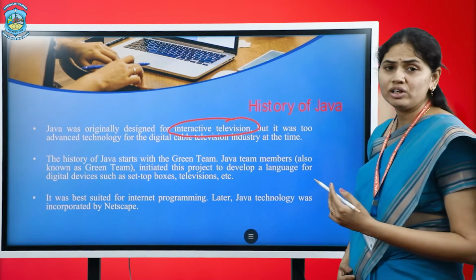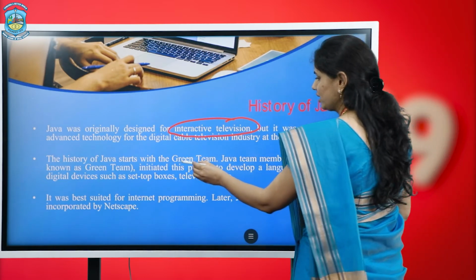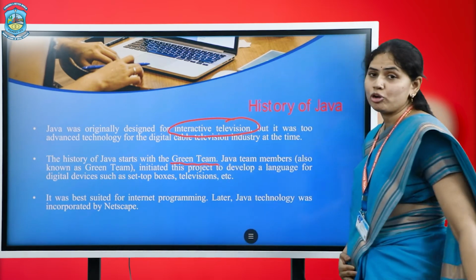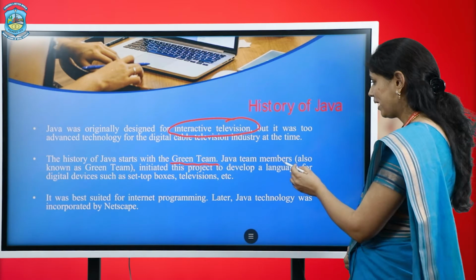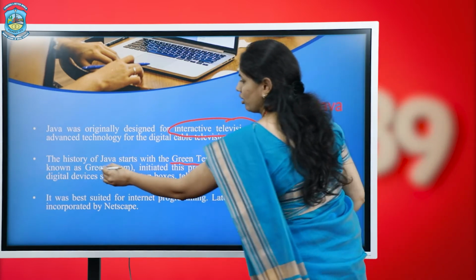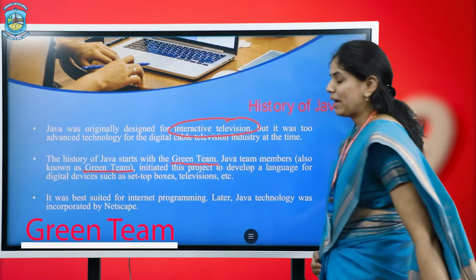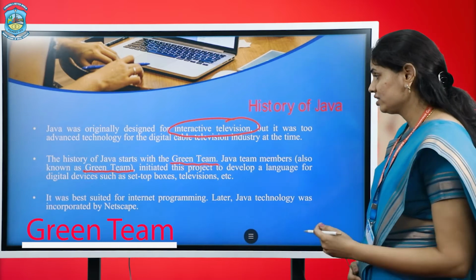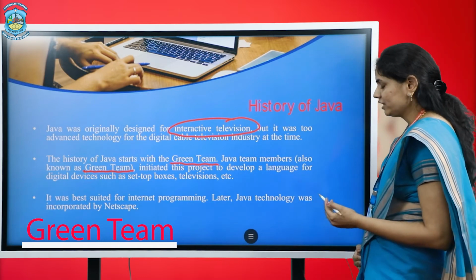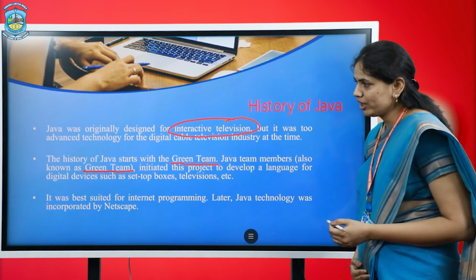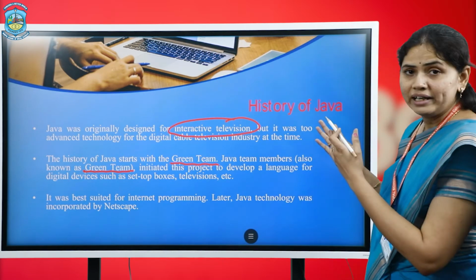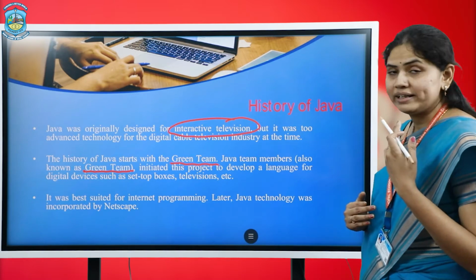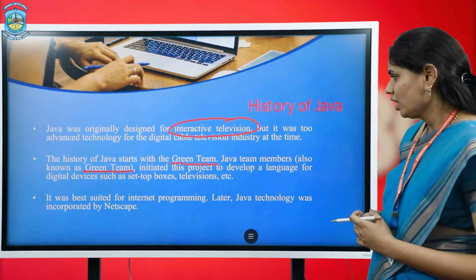So, the history of Java starts with the Green Team project, and the members of that team are called Green Team members. They initiated this project to develop a language for digital devices like set-top boxes and televisions, etc.